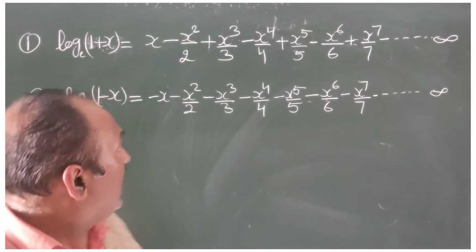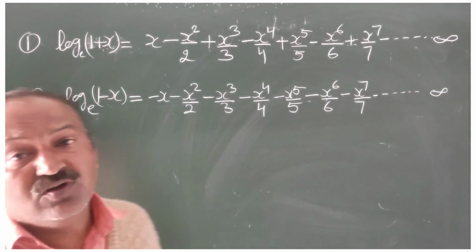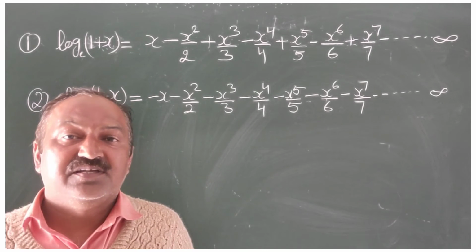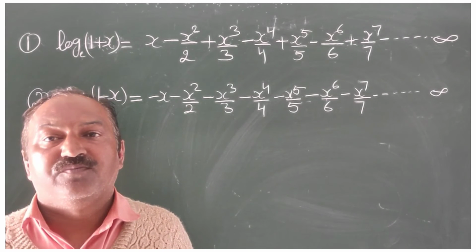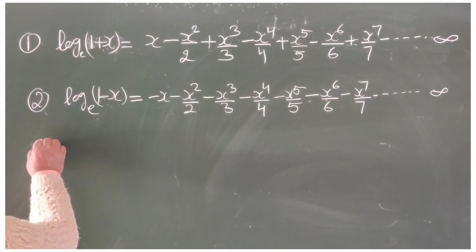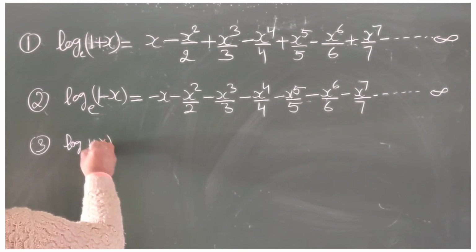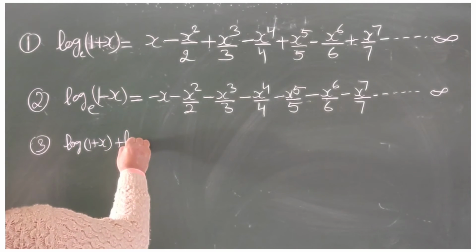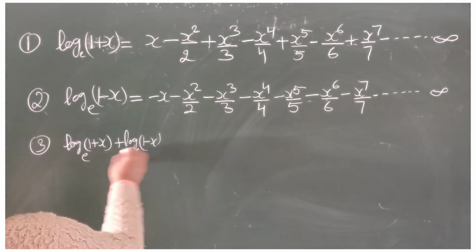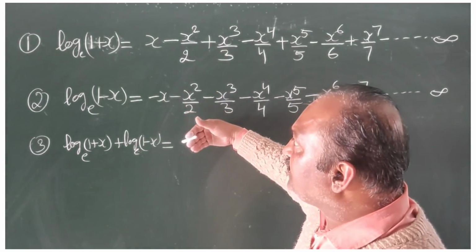Now if we add these two and subtract these two, we will get two very important results from the competition point of view. So let us add first and second. We will get log of 1 plus x plus log of 1 minus x, base e, and we will get the result after adding these two.